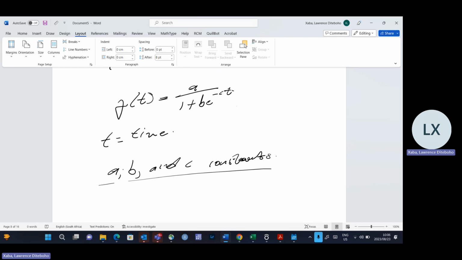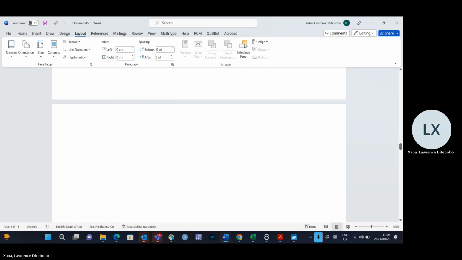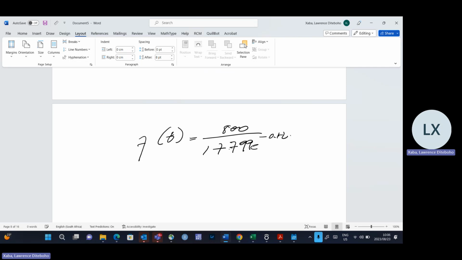But what is important now, let's look at where this logistic growth is used to study a variable where the function is f at t equals to 800 divided by 1 plus 799 e to the power negative 0.1 t.